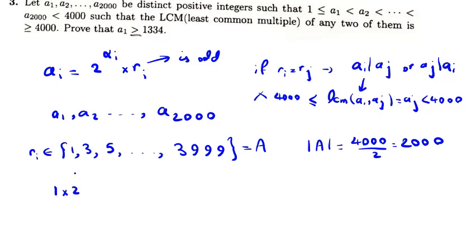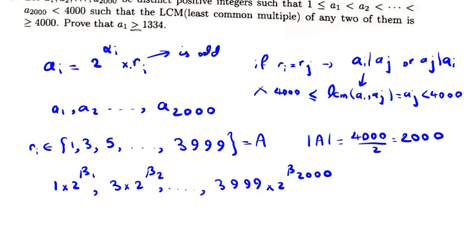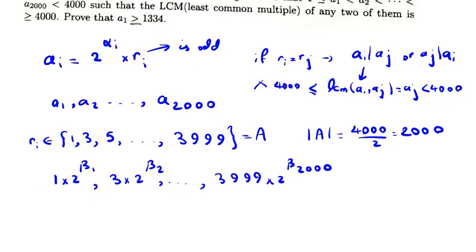We are not sure that the first one, for example, 1, is for A1. One number is this, one number is 3 times 2 to the beta 2, and the last is 3999 times 2 to the beta 2000.